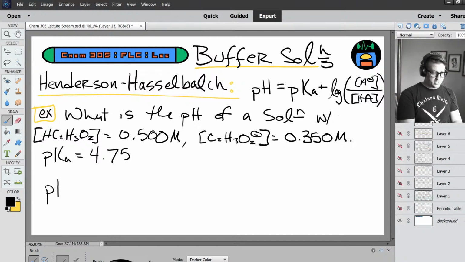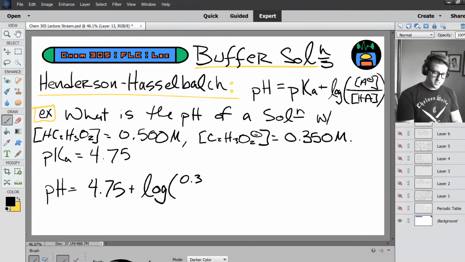So the pH from the Henderson-Hasselbalch equation is equal to the pKa, 4.75, plus the log of the conjugate base concentration, 0.350 over 0.500.